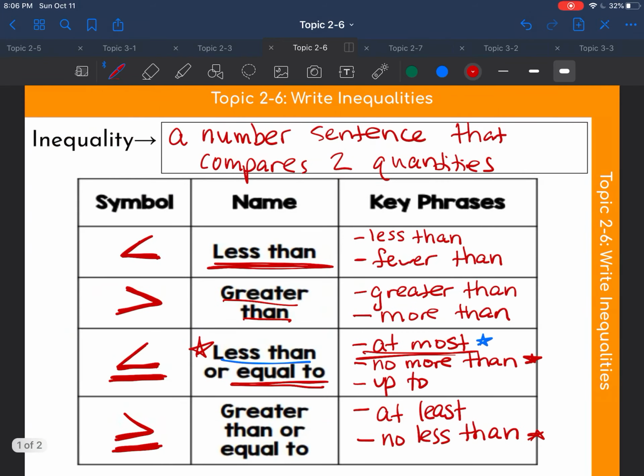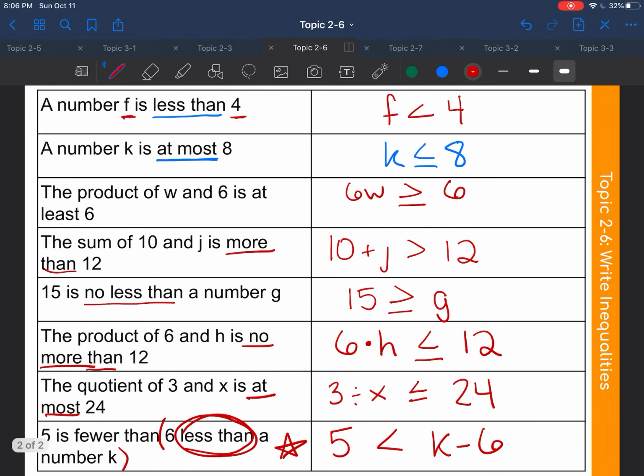All right, so all you're doing, boys and girls, is looking at our phrases. If you look at that front page, all of these phrases tell us what inequality to use. And all you're doing today is just writing out those phrases and which inequality goes with what phrase. Now, you can use your chart in your notes to help.